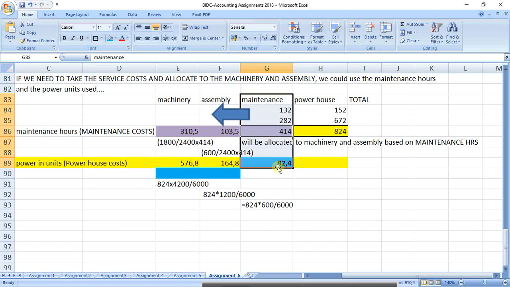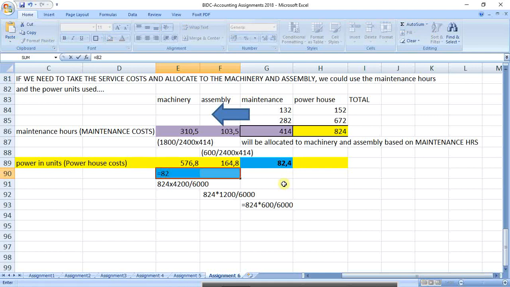So how much power does the maintenance department use? 82,4 of the 824. Does that make sense? This department uses that, but they're saying reapportion. So meaning, take that, so the maintenance department uses 82,40, and then allocate that to the machinery and the assembly. So we're going to apportion that the same as we did before, you're just using 82. So then we need to add 82 here.